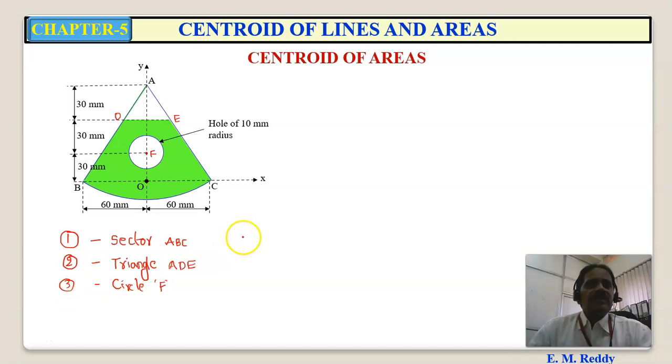Now A1 x1 y1, A2 x2 y2, A3 x3 y3 with reference to the given x and y axis. Now when you calculate A1, it is area of the sector. Area of the sector is given by, what is the formula?